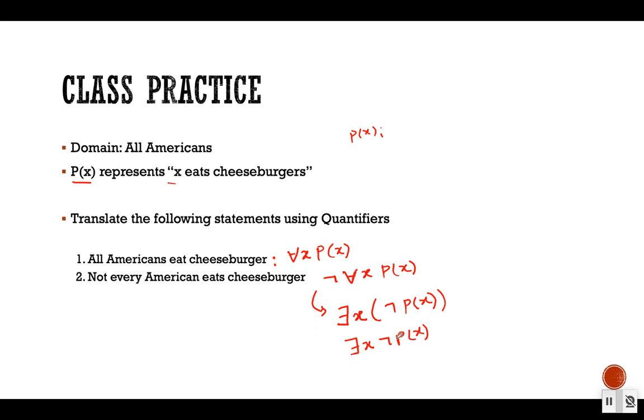That means there exists one American who doesn't eat cheeseburgers. If p(x) means x eats cheeseburgers, then not p(x) means x doesn't eat cheeseburgers, so there exists at least one American who doesn't eat cheeseburgers.